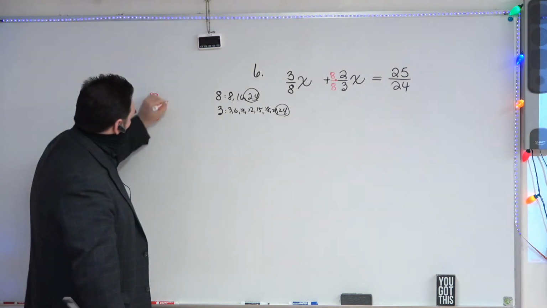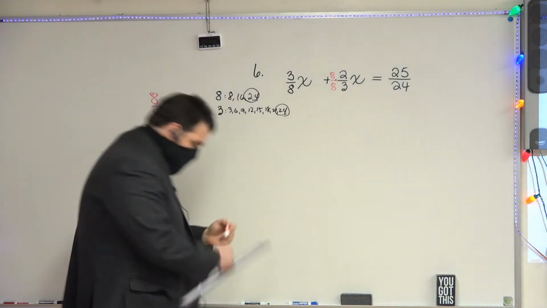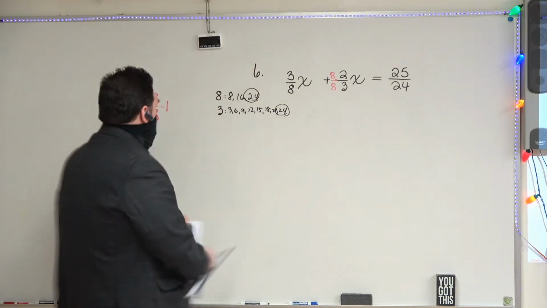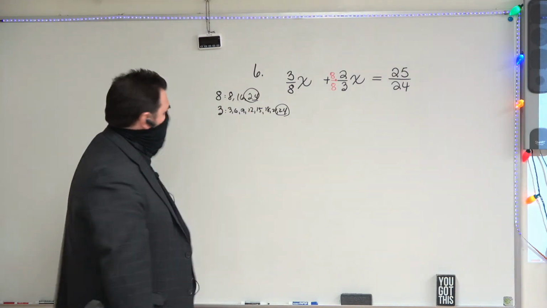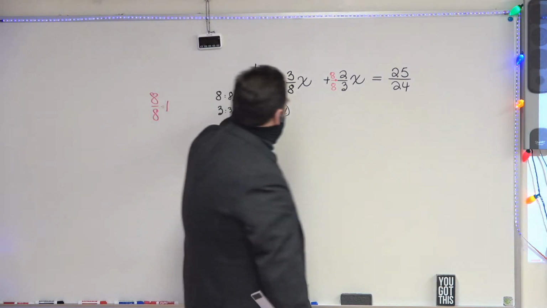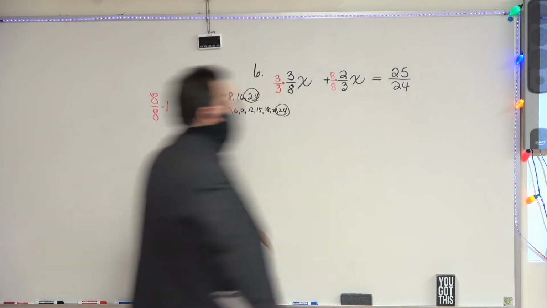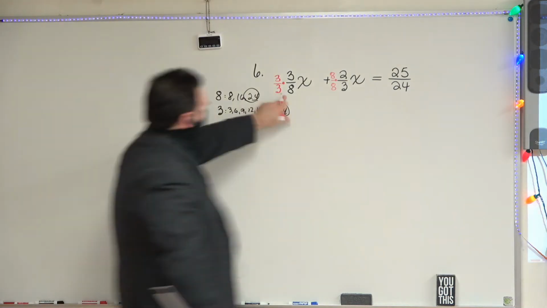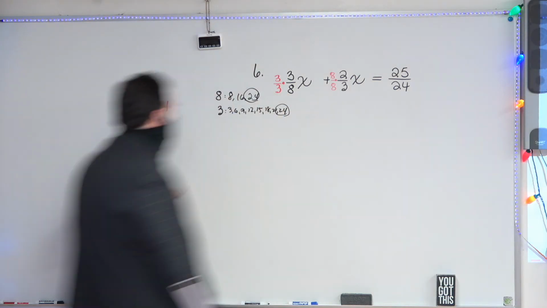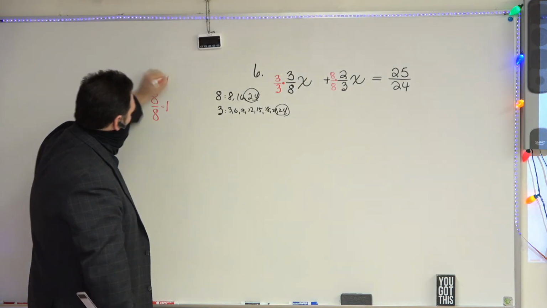Well, 8 over 8 is 1, so that's allowed. I haven't changed the problem. Okay, now what do I need to multiply 8 by to get 24? 3. So I'm going to multiply this fraction by 3/3, because if I only multiplied the bottom by 3, I'd be multiplying by 1/3, and that's not allowed. See, 3 over 3 is another way of saying 1.